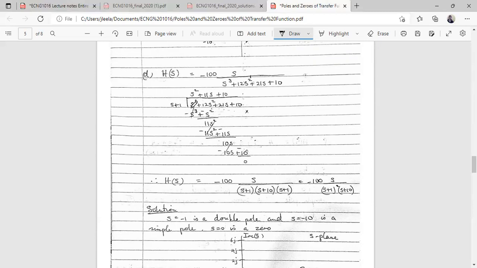When I divide s cubed plus 12s squared plus 21s plus 10 by s plus 1 with long division, s into s cubed is s squared, and when I multiply I get s cubed plus s squared. To cancel the s cubed, this had to be negative.